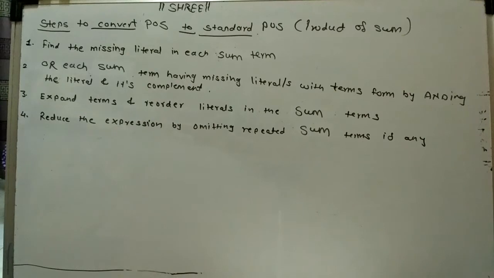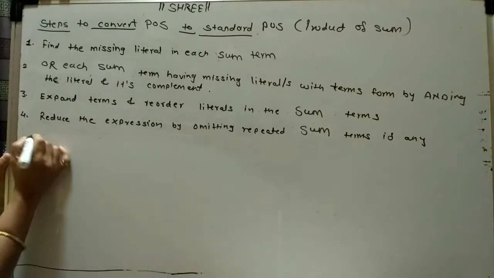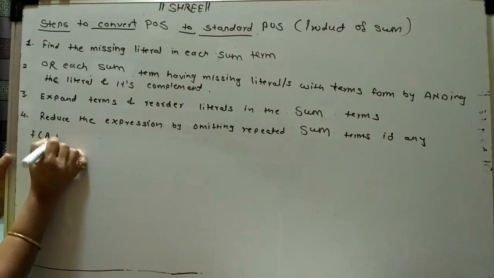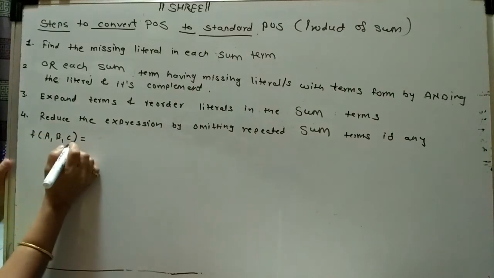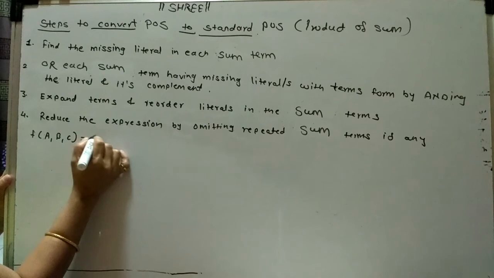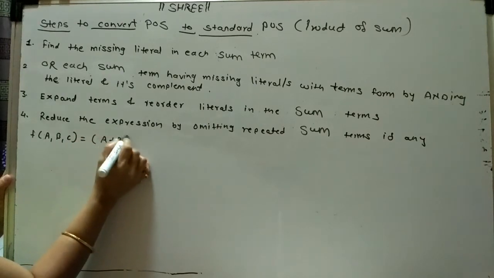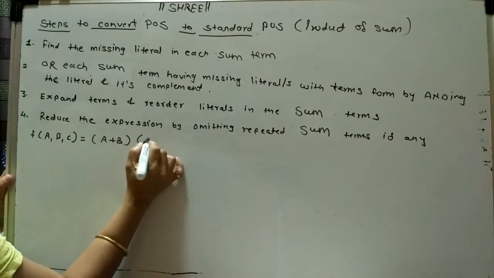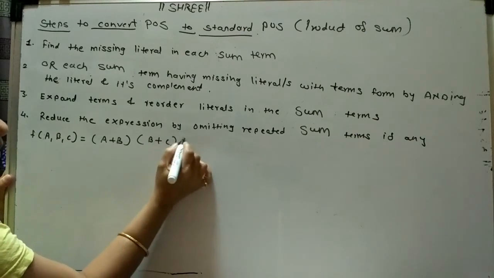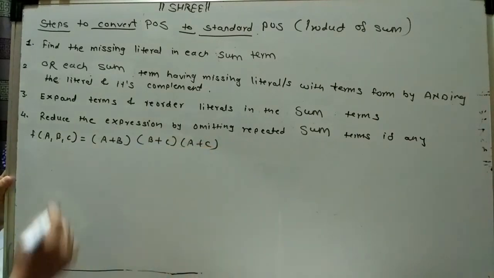Now we'll consider one example and see these steps in detail. So let us consider f of a, b, c is equal to (a plus b), (b plus c) and (a plus c).